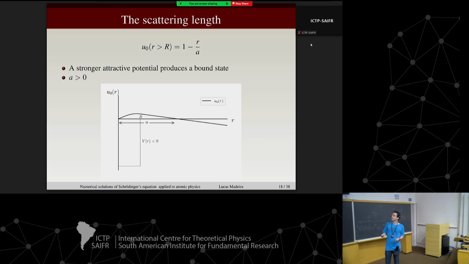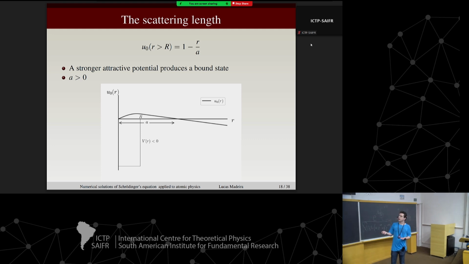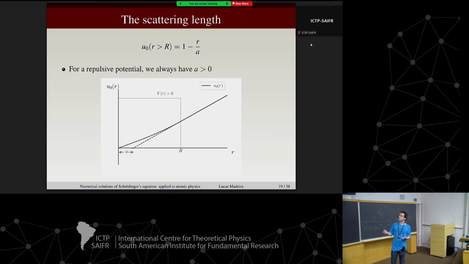All right. These are for positive potentials. I can also have this for a repulsive potential. So here I'm putting a repulsive potential close to the origin, okay? And for repulsive potentials, you always get positive A's, because when you extrapolate this thing here, it's always going to hit your R-axis on the positive side, okay?